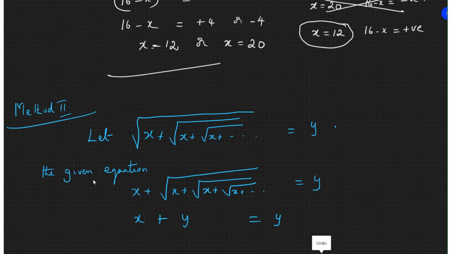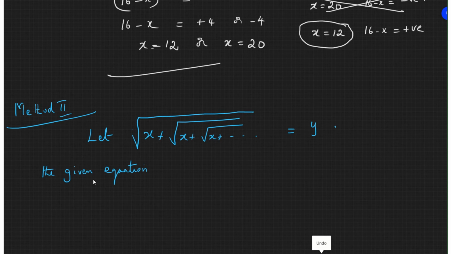I can also take this result. Since I have x plus square root of x plus square root of x plus etc. equal to y, I can square both sides.